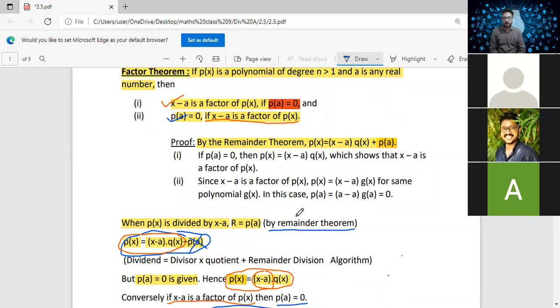Just state that theorem in inverted commas. What is remainder theorem? Then you should go further and prove it. This is how you may lose marks also. Sometimes you may think, I have proved the factor theorem and I will score full marks. But the problem is you may not have written this remainder theorem. That's how you are losing marks. Okay, keep this in mind also.